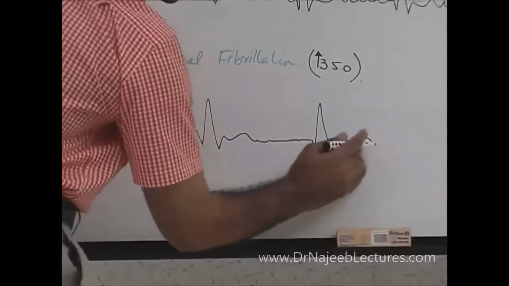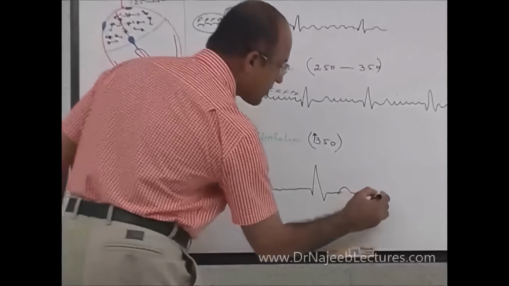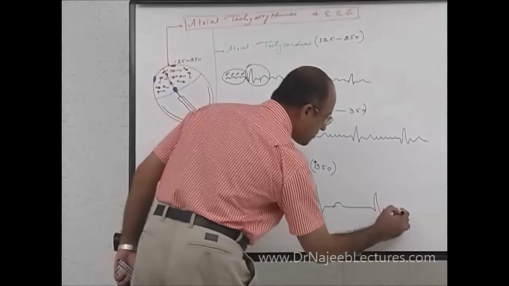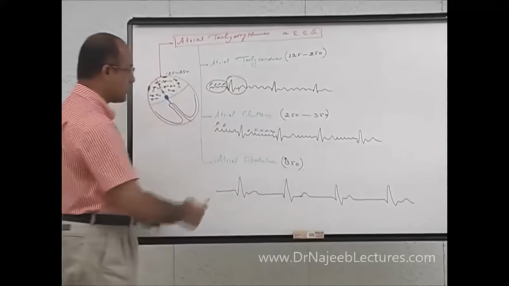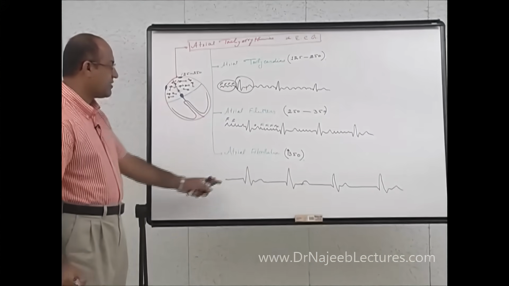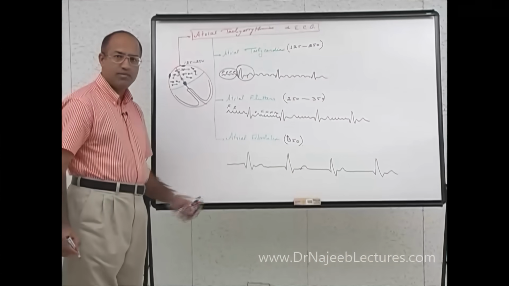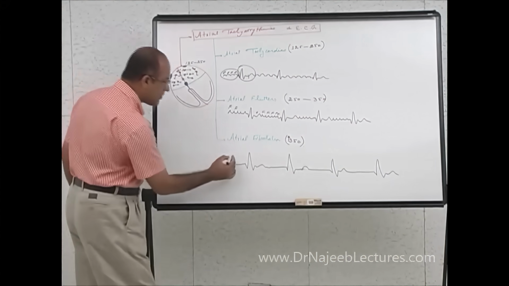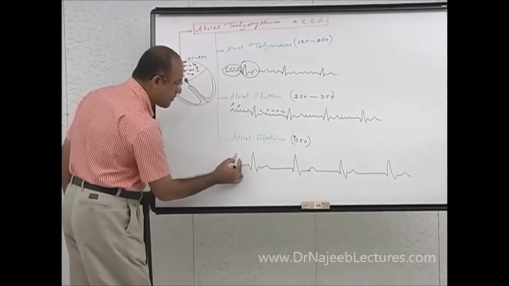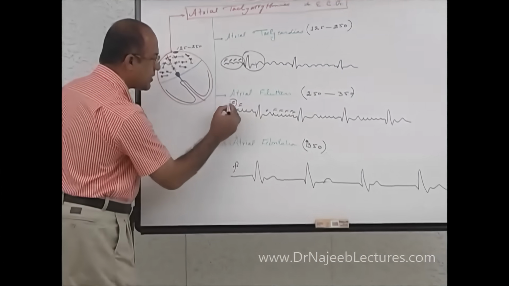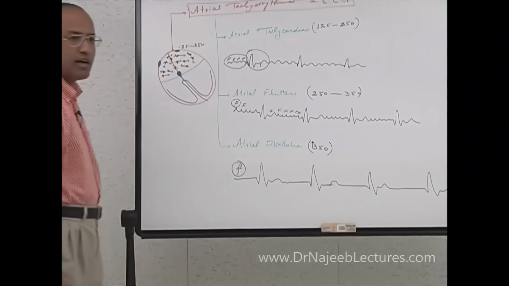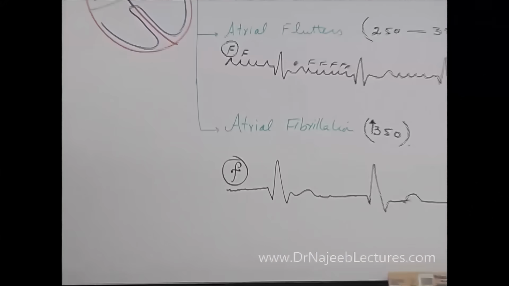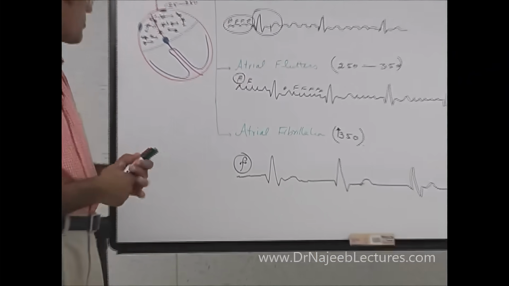This pattern will be repeated again and again. This type of ECG is typically seen when there is atrial fibrillation, and these small waves are called f waves. But remember, flutter F waves are shown by the capital letter, and fibrillation f waves are shown by the small letter.